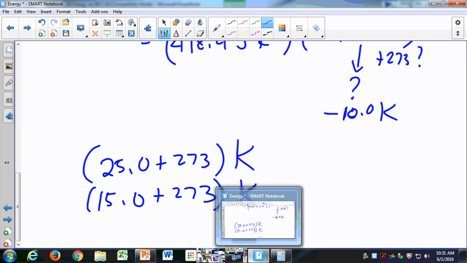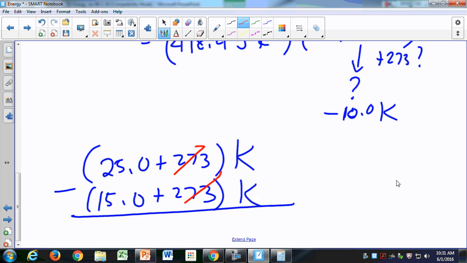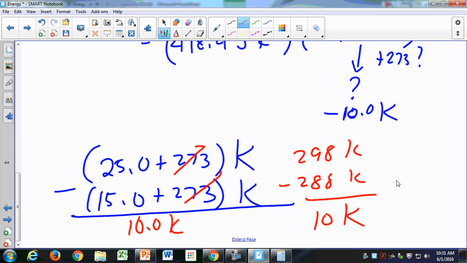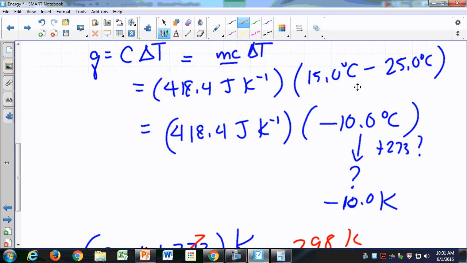If I subtract, well, the 273 will just cancel out. It's still going to be 10.0 Kelvin. This is really 298 Kelvin minus 288 Kelvin. Okay, actually, I got it the other way. So I subtract the other way. It's negative 10. So a change in degrees Celsius is the same thing as a change in Kelvin. Okay, so I could have just written this. I can just say this is the same thing as negative 10.0 Kelvin.